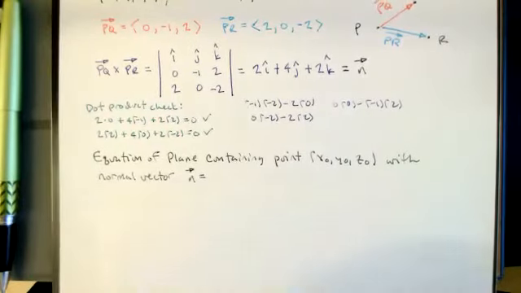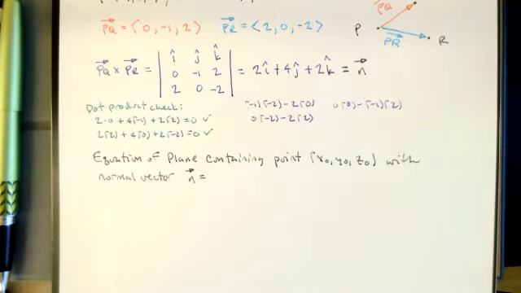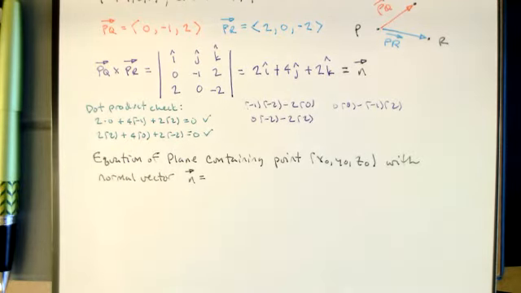So there should be a way to describe a plane using a given point, x naught, y naught, z naught, and with a normal vector.